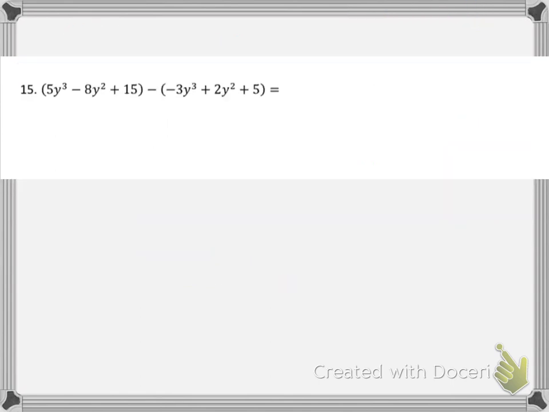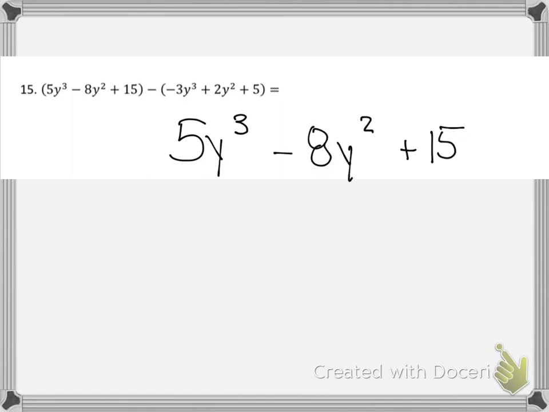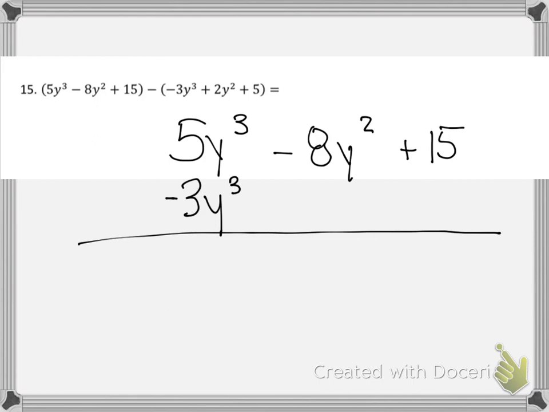Let's try one more. Again, let's go ahead and rewrite them. 5y to the third minus 8y to the second plus 15. And let's line up that second polynomial. Negative 3y to the third is in the first column, plus 2y to the second in my second column, plus 5.